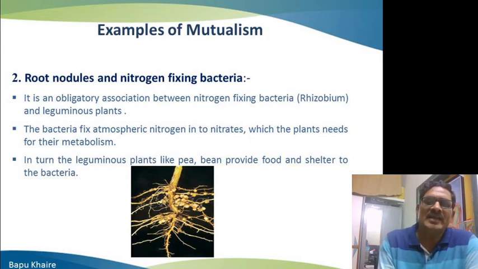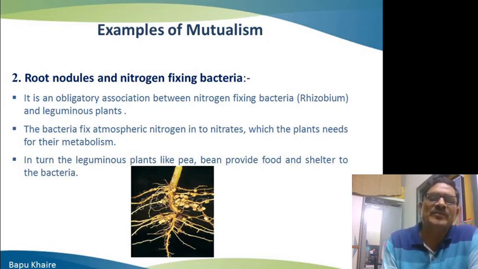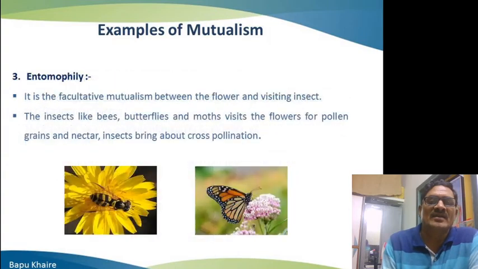The bacteria fix atmospheric nitrogen into nitrate, which the plants need for their metabolism. And in turn, the leguminous plants like pea or bean provide food and shelter to the bacteria. Therefore, this is also an obligatory association between two different organisms.